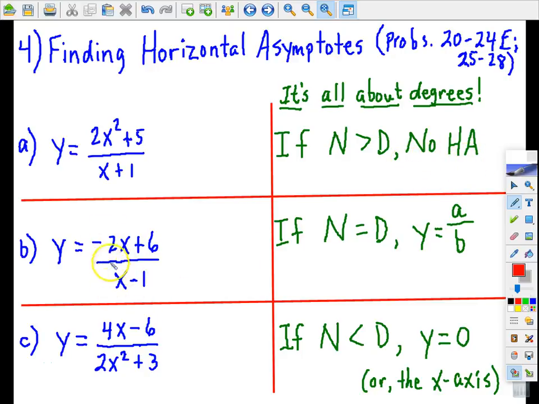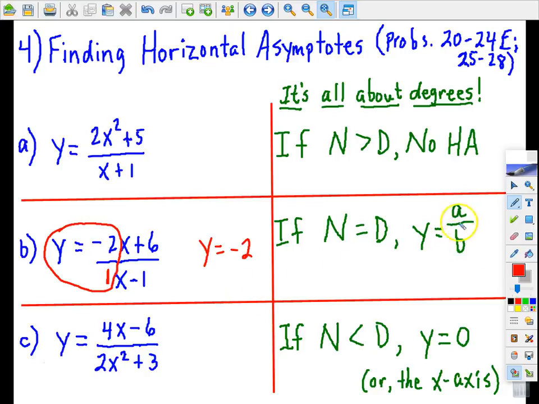If the degrees are the same, then, as we saw in class, we're going to make a fraction out of the lead coefficients. Notice the degree of the numerator is 1, so is the denominator. In this particular case, my horizontal asymptote would be the line y equals -2.